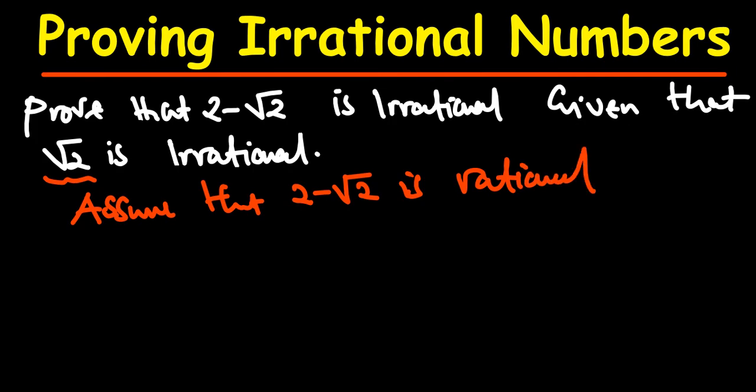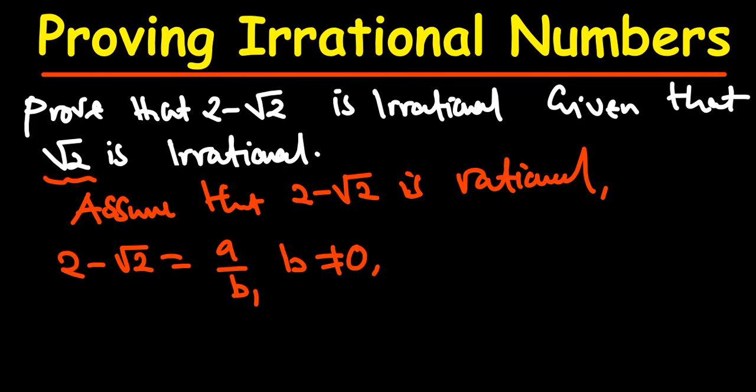Okay, then we can write this 2 minus root of 2 in the form a over b, where b is not equal to 0 and a and b have no common factor.